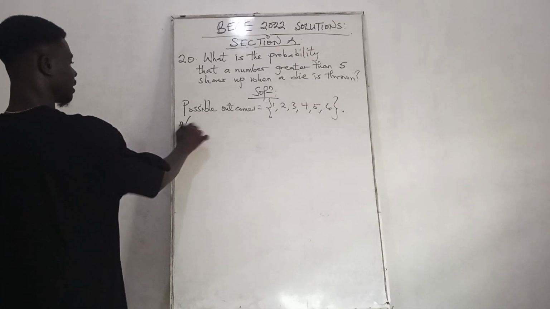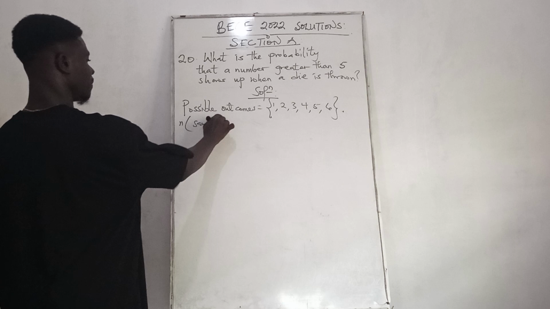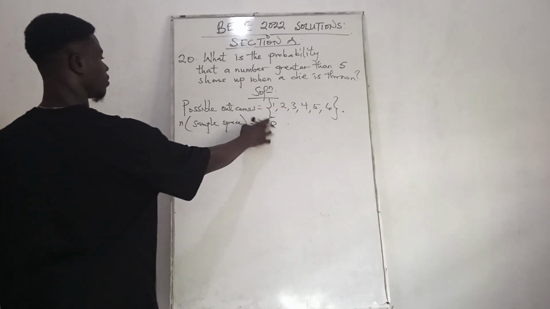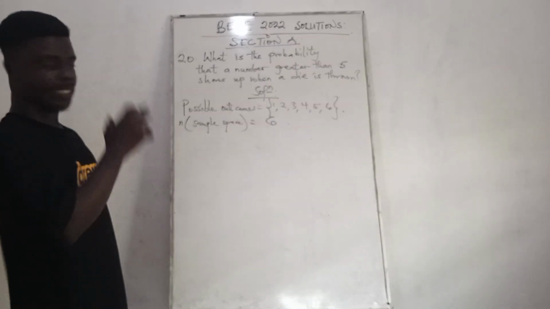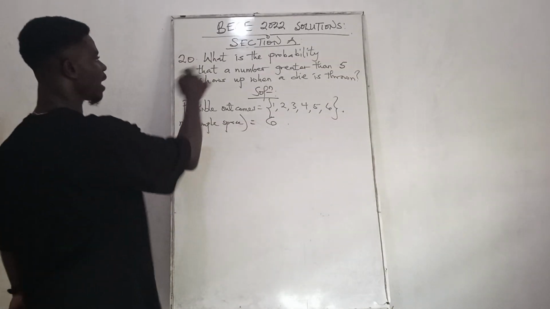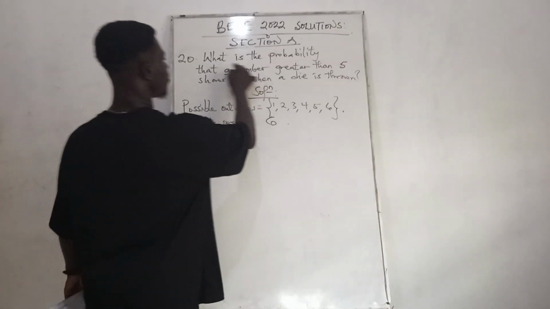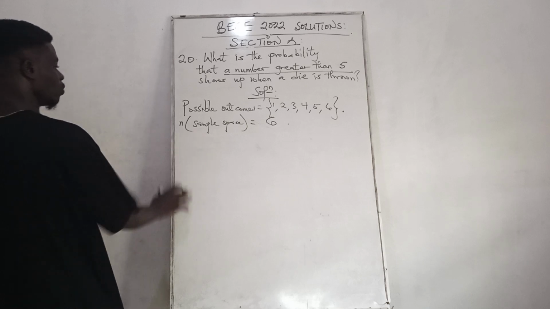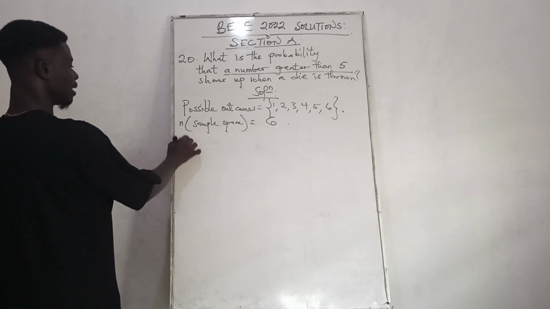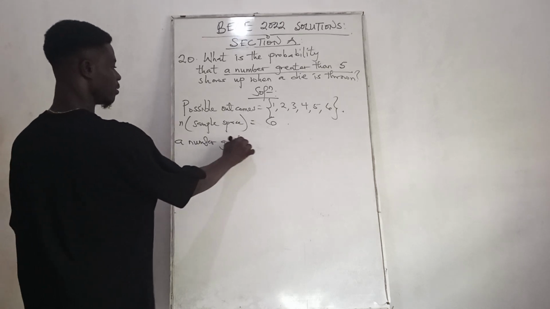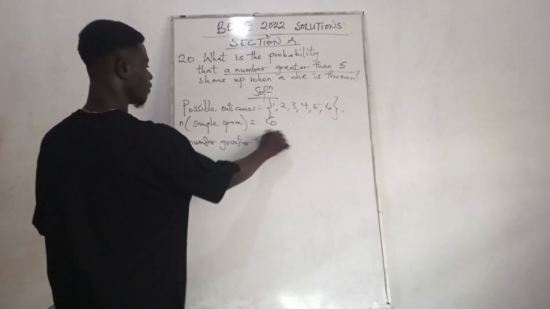So you can see that the number of sample space here is 6, because the elements in there are 6, right? So now let's see the event. The event occurring here is a number greater than 5.